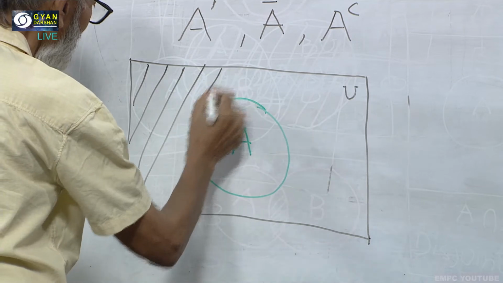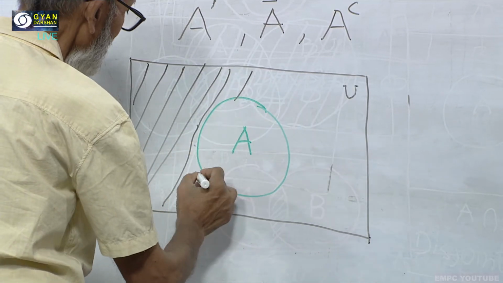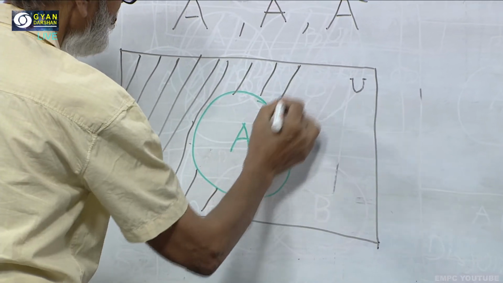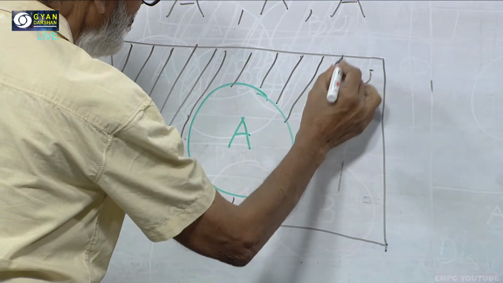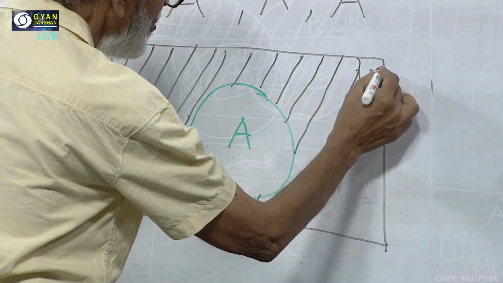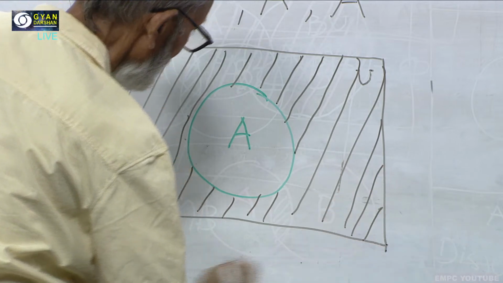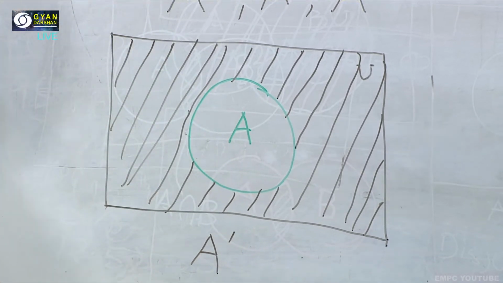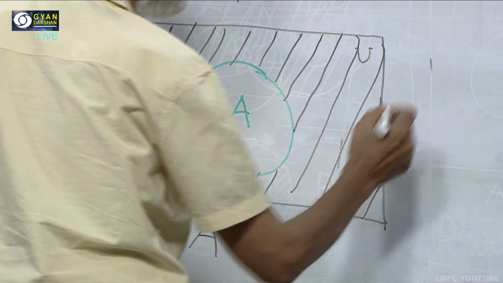Complement of a set will be all the elements of the universal set except the elements of set A. So, this shaded region is the complement of set A. So, how do we define that?